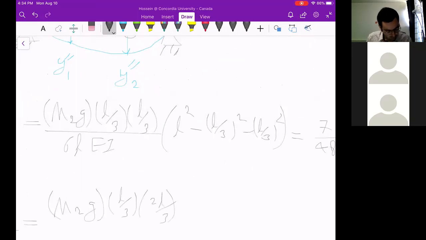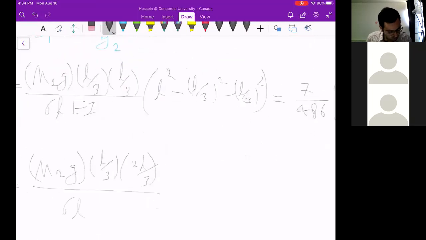So 2L over 3 divided by 6LEI, multiplied by L squared minus B squared minus X squared.